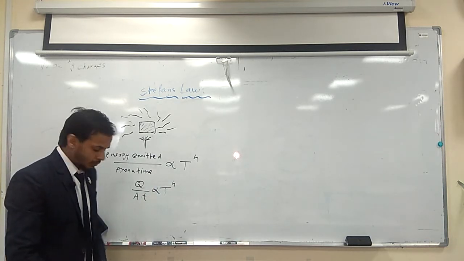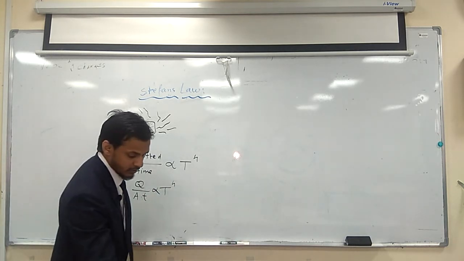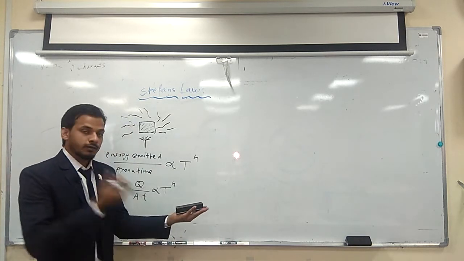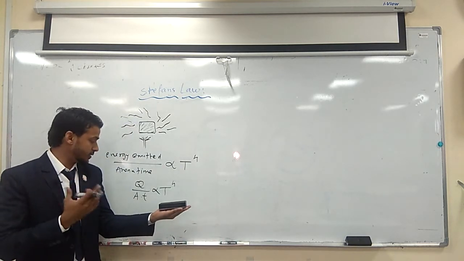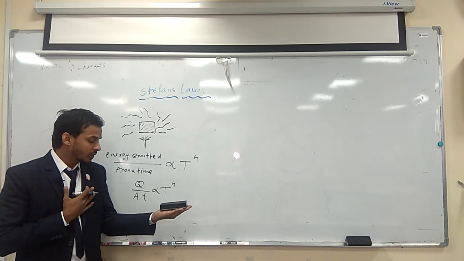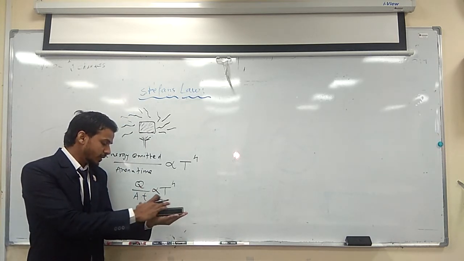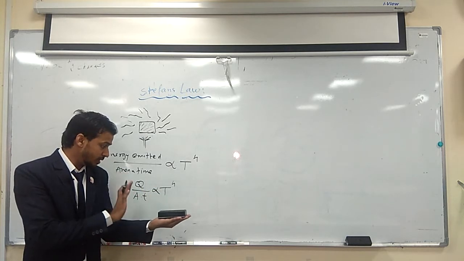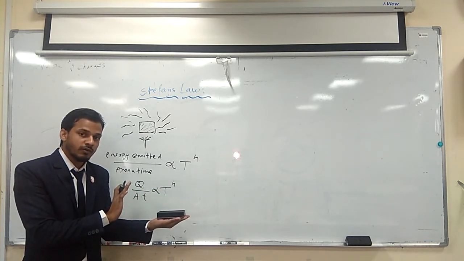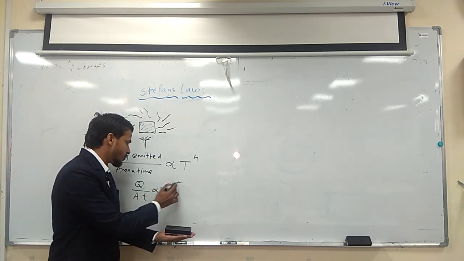Now for example, this is that iron piece which is giving the energy, it's emitting the energy. How much is it emitting? It's emitting the energy per unit area per unit time. I am feeling it. How is it proportional to the fourth power of temperature? You forget about the fourth power.